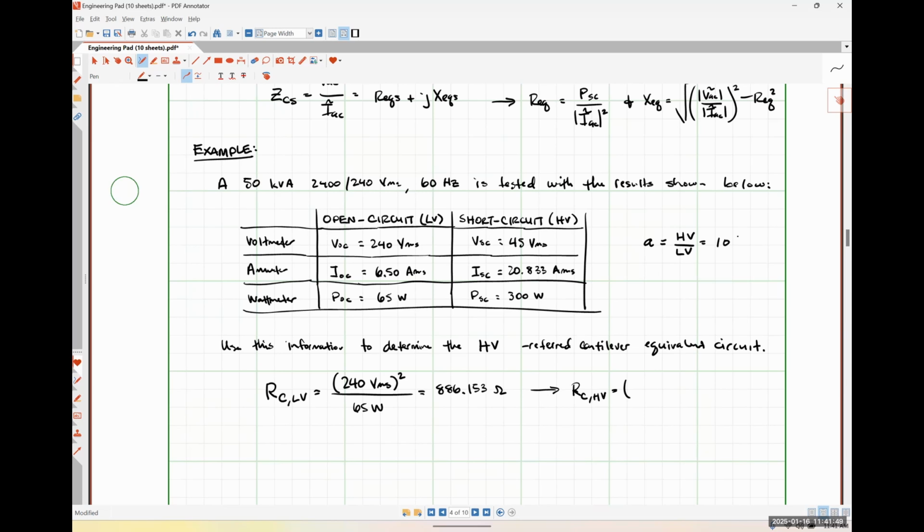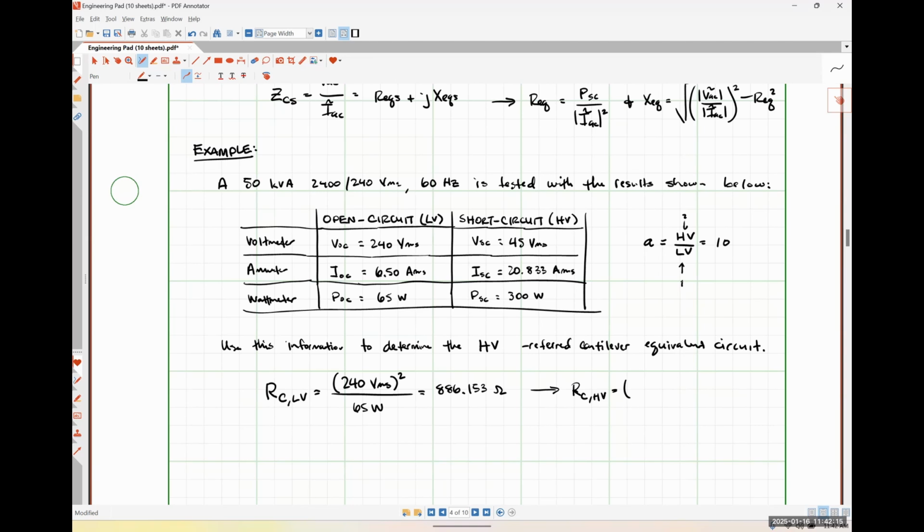So I'm going to make a note up here. This is secondary, and this is primary. Which would mean in this case we would multiply, because we're going from the primary to the secondary, so we should be multiplying by A squared.